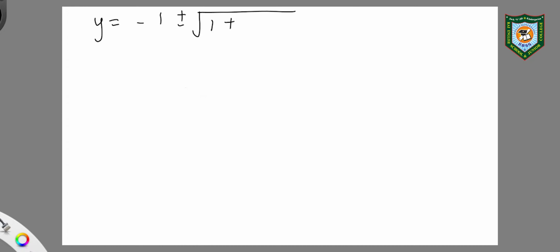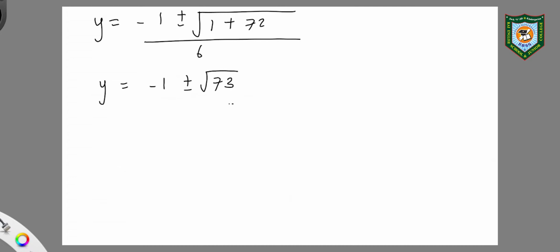So here I have 72 divided by 2 into 3, which is 6. So y is equal to minus 1 plus minus under root 73 divided by 6. And this is my final answer.